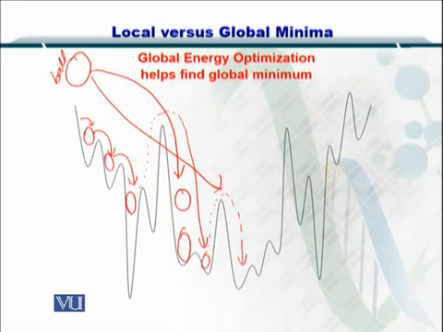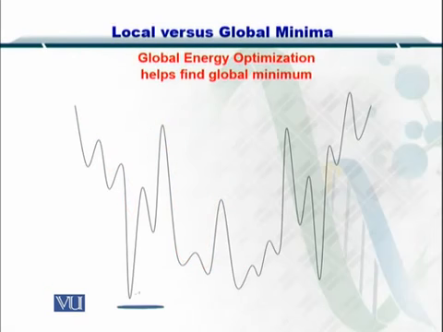So there can be this uneven energy landscape, and your protein structure that is predicted may just be one of these positions. So these are the local minima, and you need to perform global energy optimization.